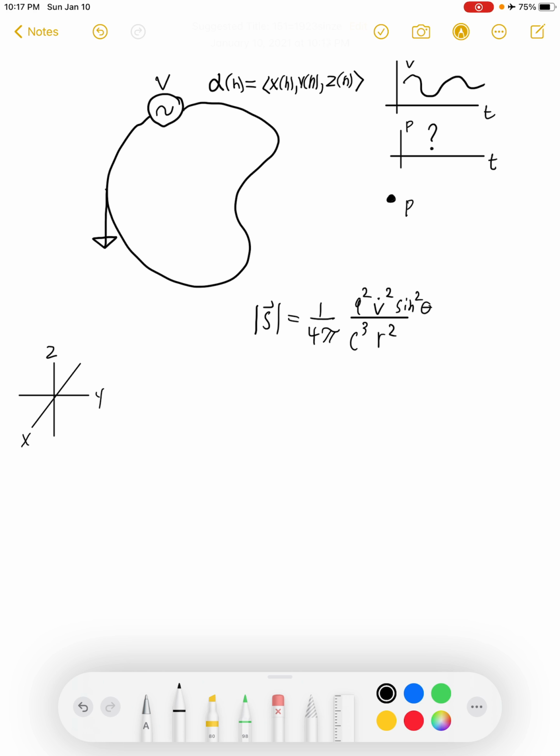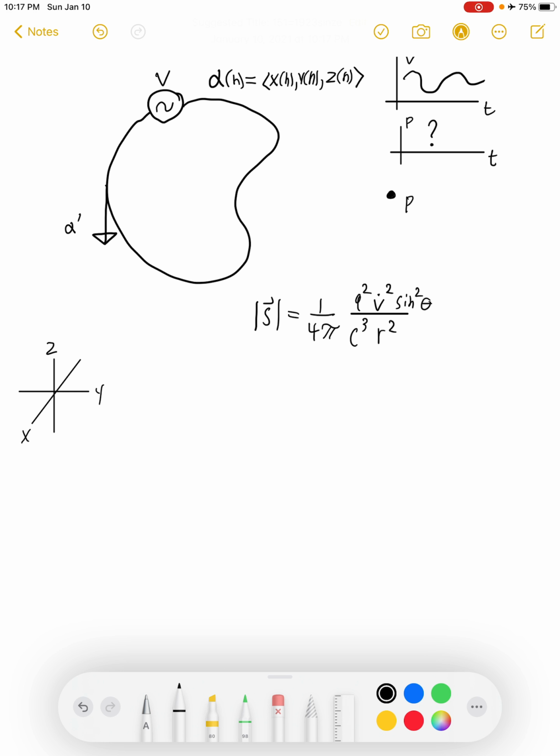We could say alpha prime is the derivative of all components with respect to n, which is our tangent. So that is going to be the direction that the charges accelerate in. Let me just move this formula down a little bit. It's kind of in the way of where we're going to need to be in a sec. And the norm of S would be the magnitude of the power.